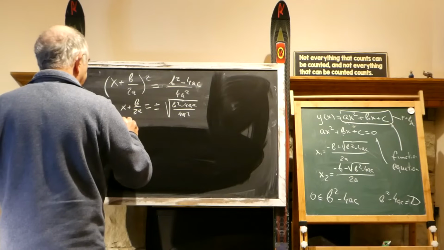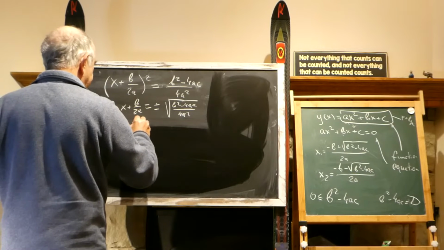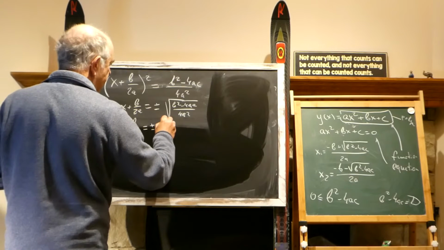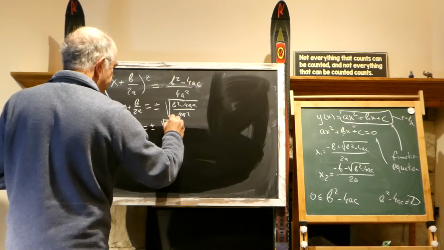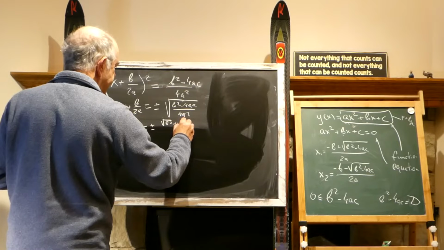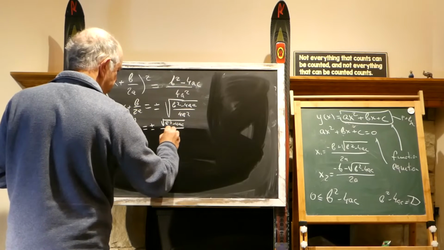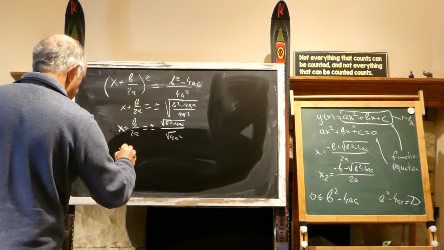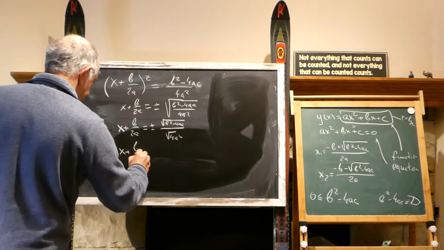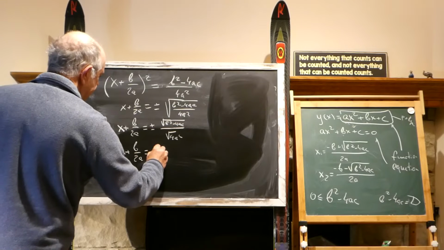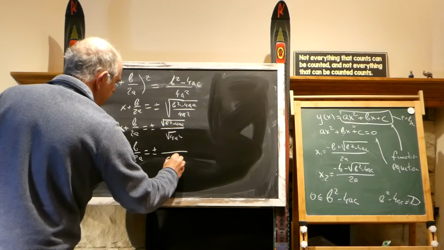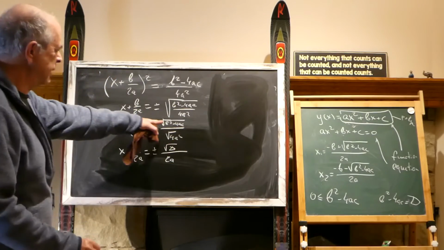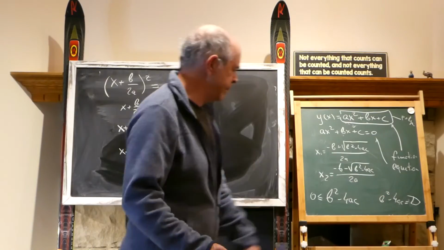I write x plus b over 2a equals plus minus, and this would be b squared minus 4ac, and in the bottom there would be the square root of 4a squared, which is of course 2a. And here I will write square root of d, because b squared minus 4ac is the discriminant.